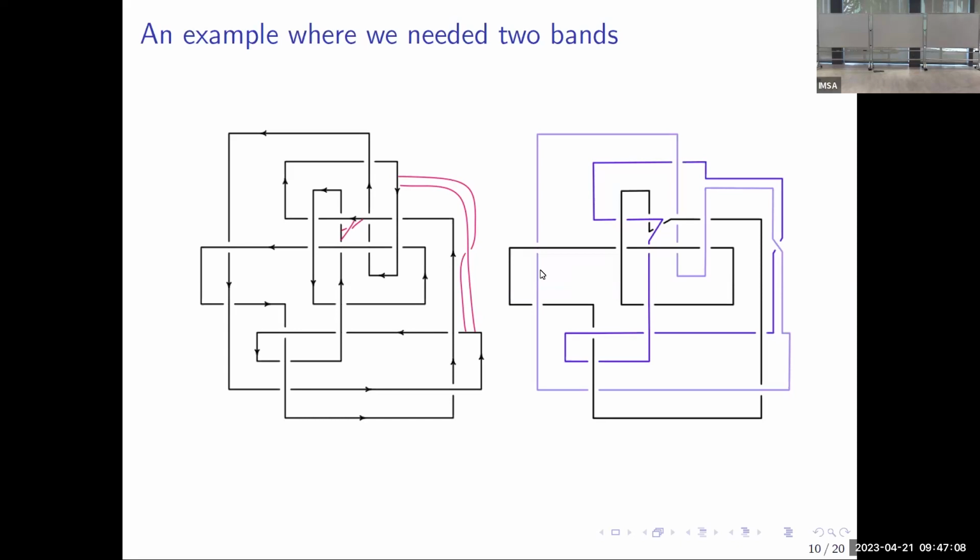We couldn't find a ribbon concordance that only uses one band, so this one needed two bands. If you add those two bands, what you get is this picture on the right, and you can also check this. We helpfully colored the three components with different colors, and you can check that this is in fact a three component unlink. So this is also a ribbon concordance.